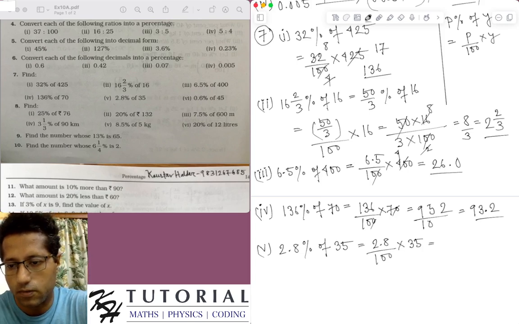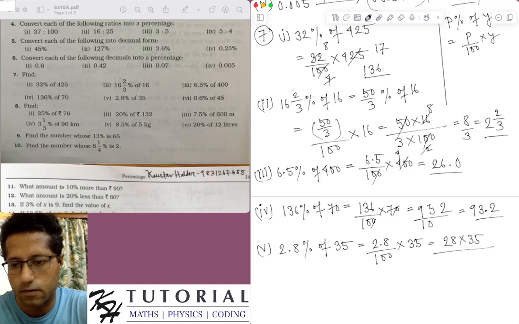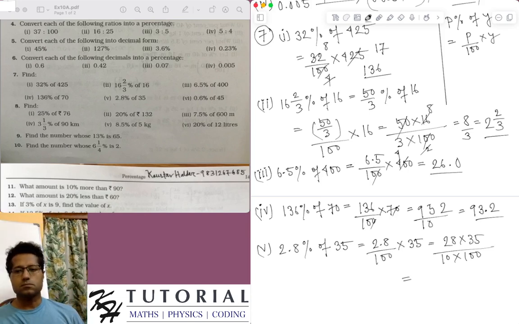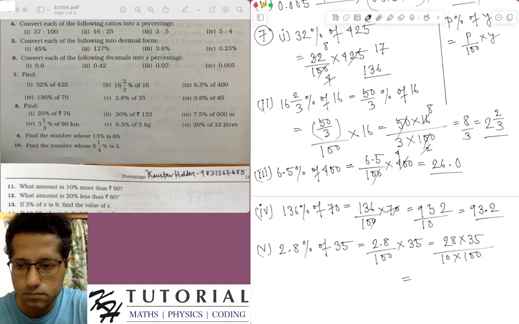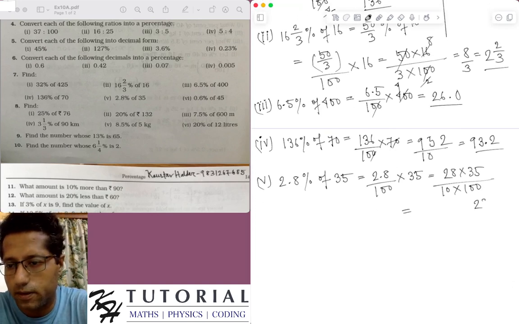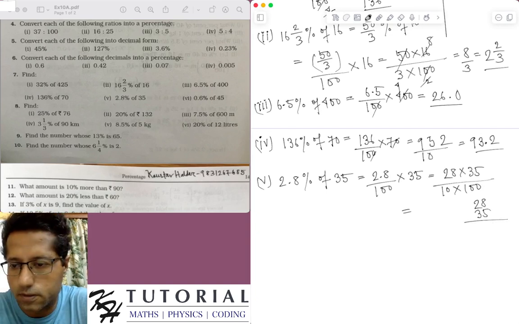This is 28 multiplied by 35 divided by 10 into 100. 28 multiplied by 35 is how much?